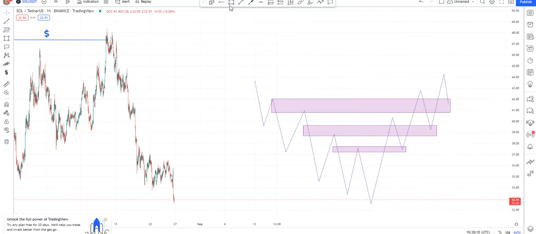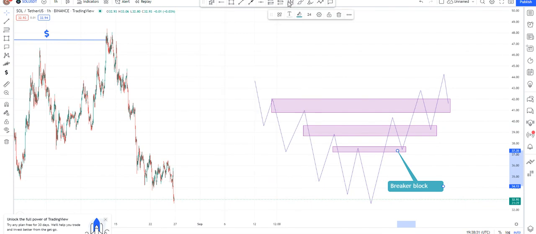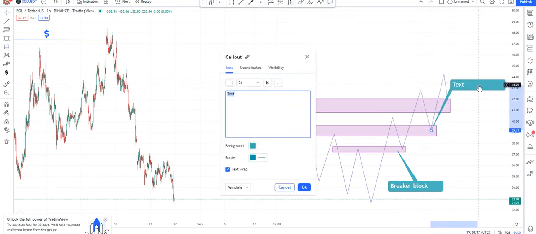Technically this one would be a breaker block, while the rest that start forming later on will be reclaimed blocks, because they are forming based on what the other trend has done.